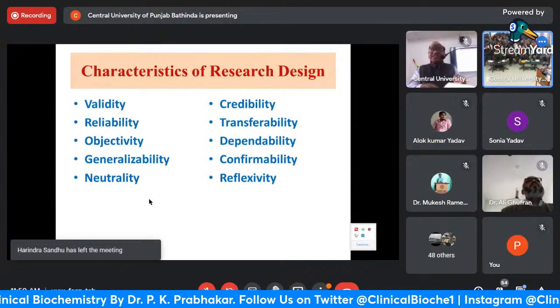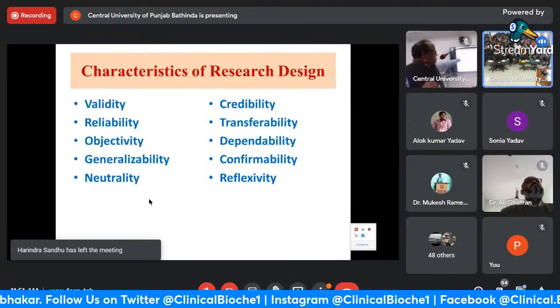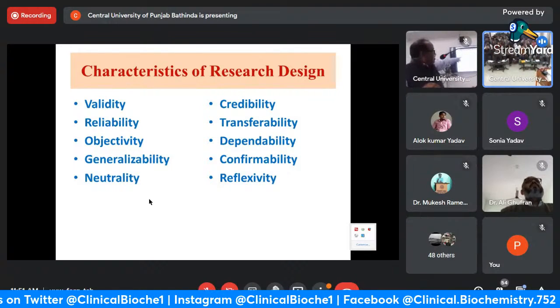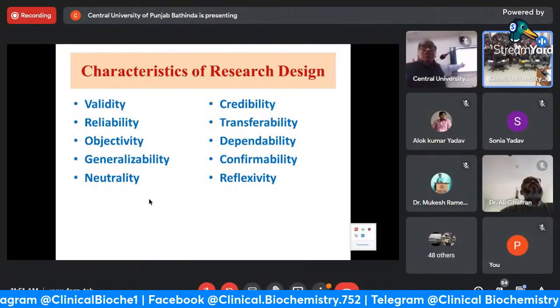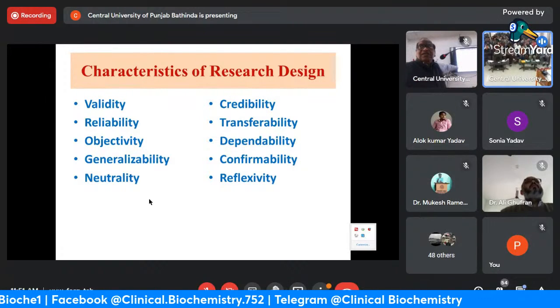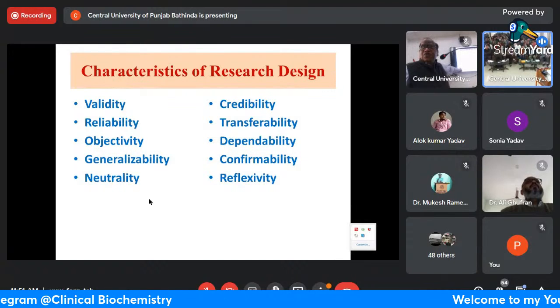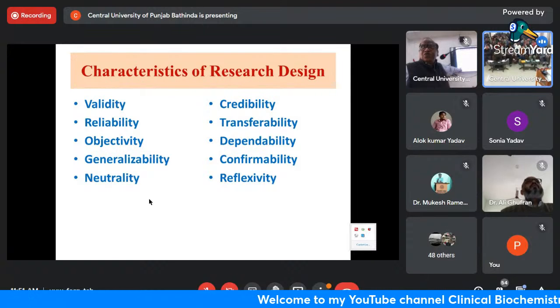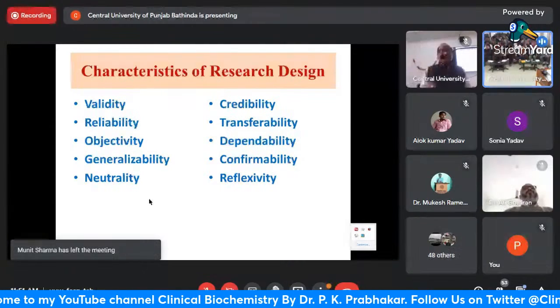the key concern. Qualitative research fundamentally has these characteristics: credibility, transferability. Why are we talking about these? In the case of validity in quantitative research, through statistical measures, we can establish the reliability.